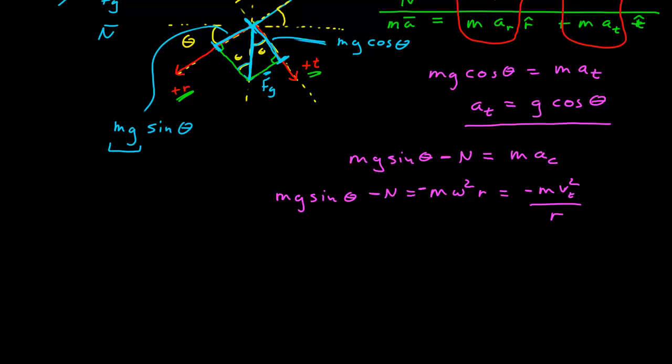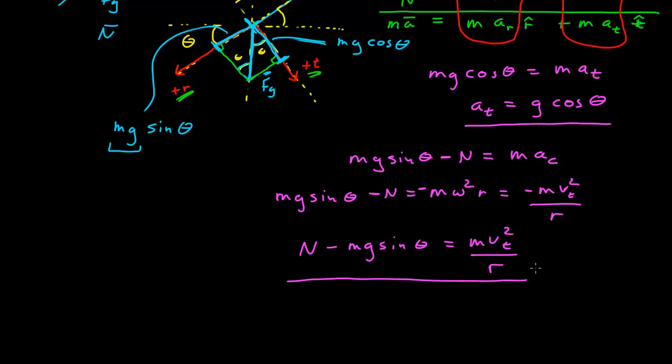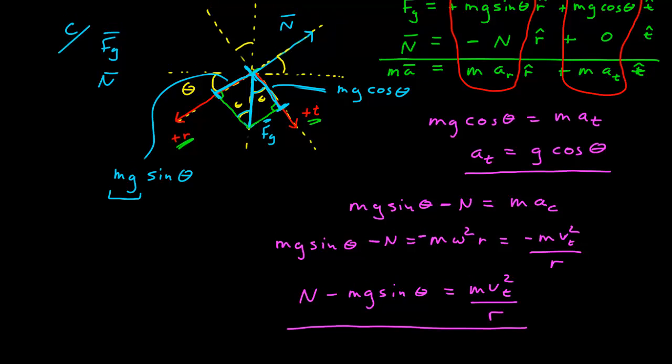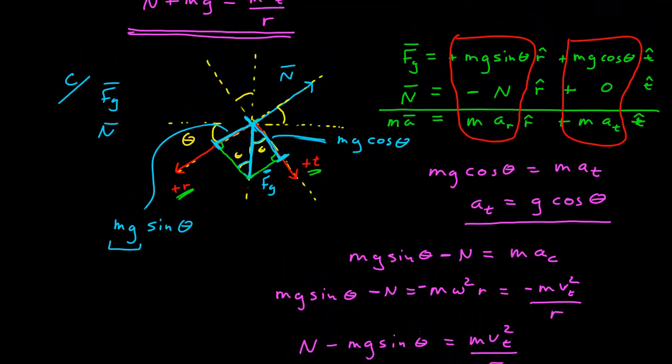And so I might turn this around, and I might show that n minus mg sine theta is equal to m vt squared over r. So this now gives me my relationships between my parameters. Okay, and so here we can see how this works with forces in circular motion.